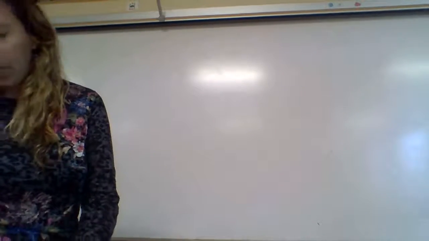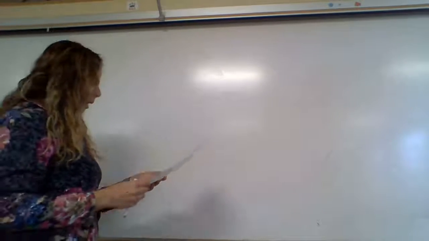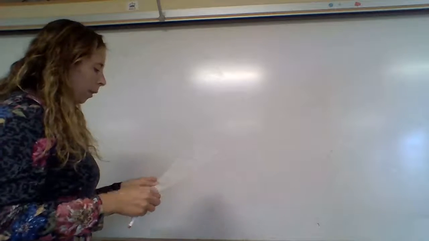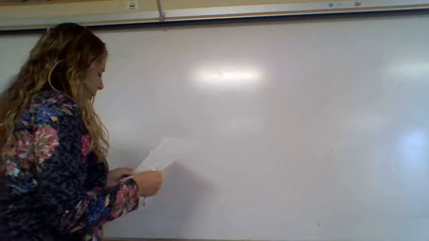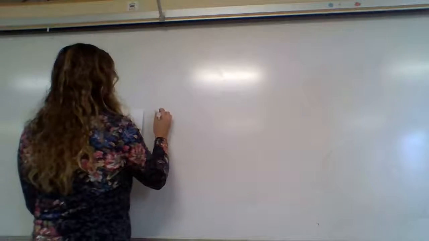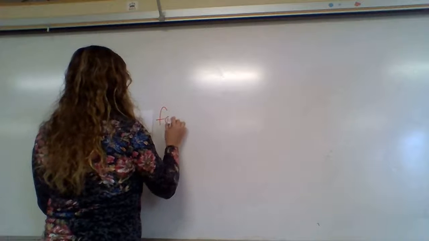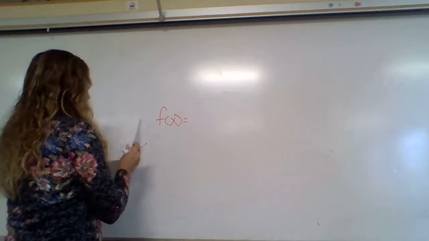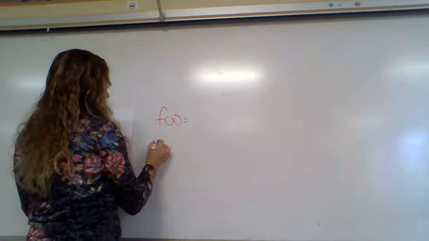Okay, number 14. So we're going to write the equation of a parabola with the following transformations. So let's just call it f of x. So I have a stretch of 1/2. So that means a equals 1/2.